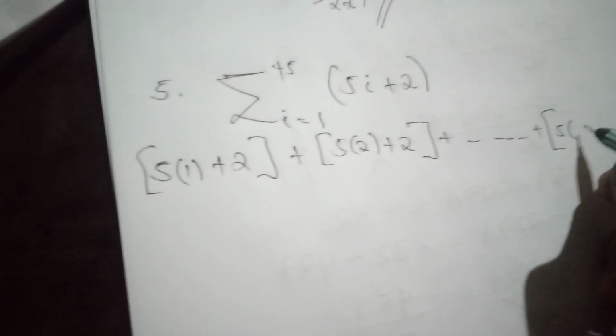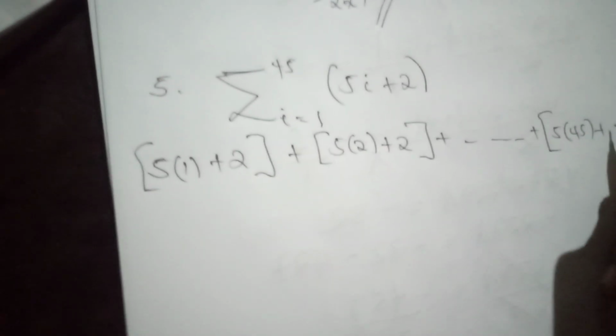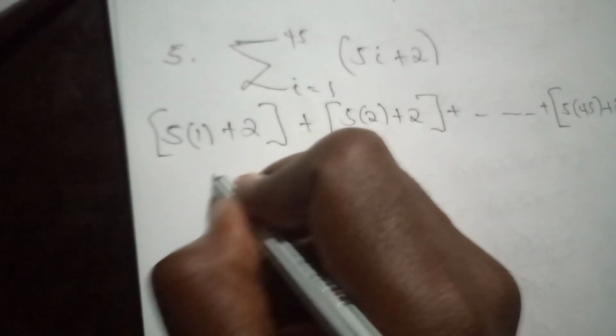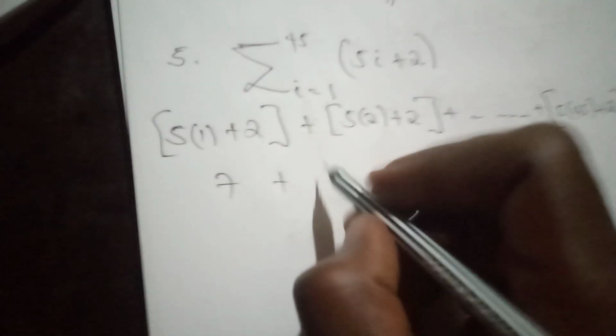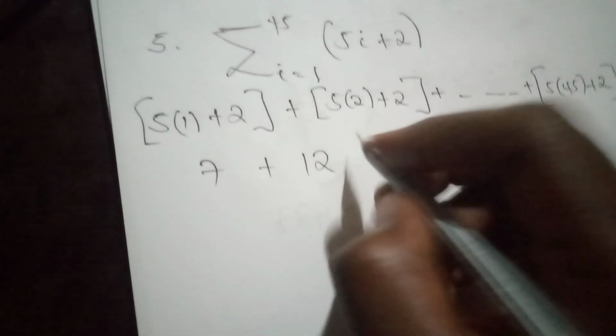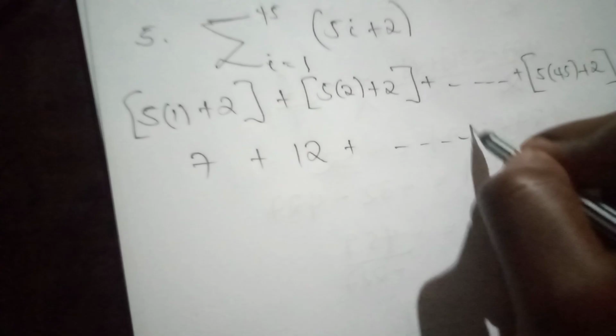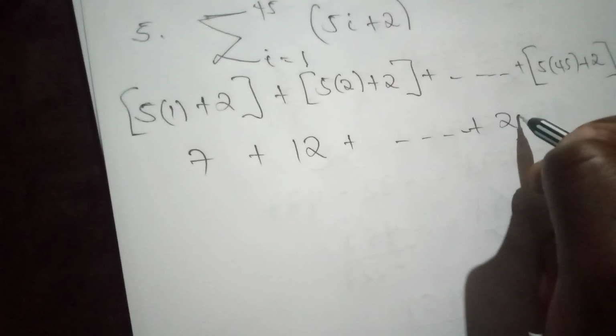So that is 5 times 45 plus 2. When you simplify that, that is 7 plus 12 plus dot dot dot plus 227.